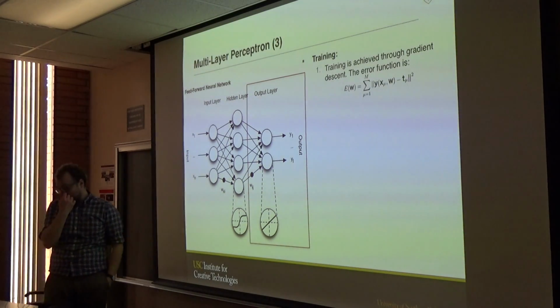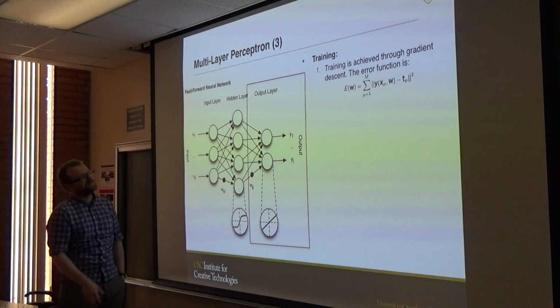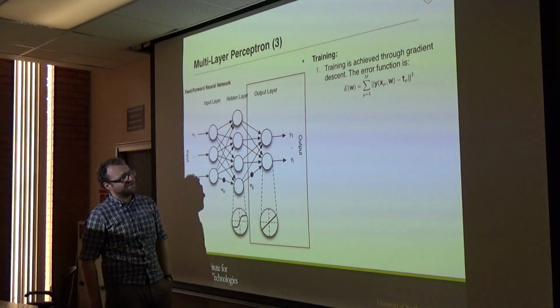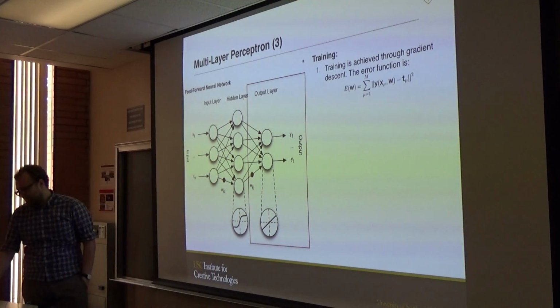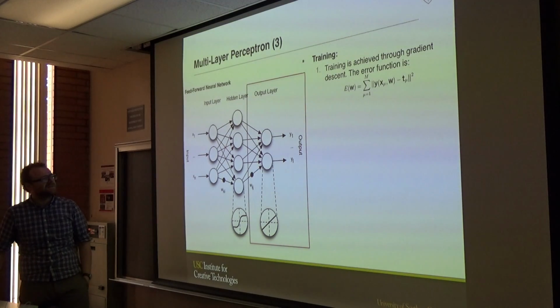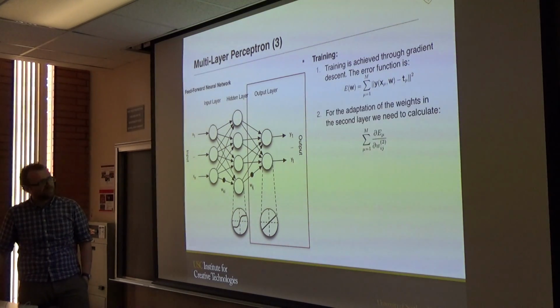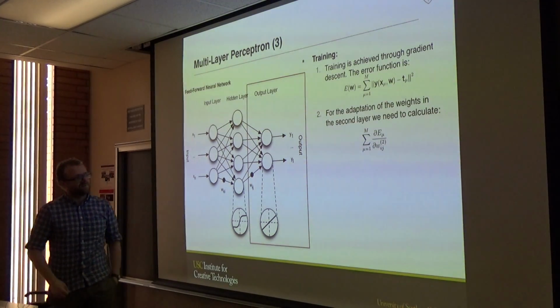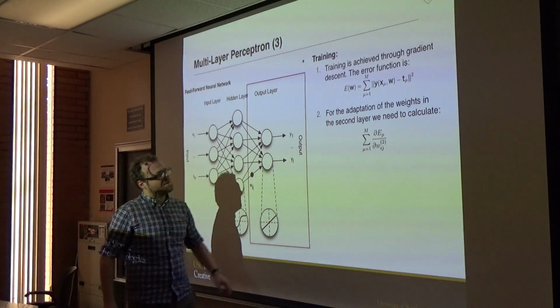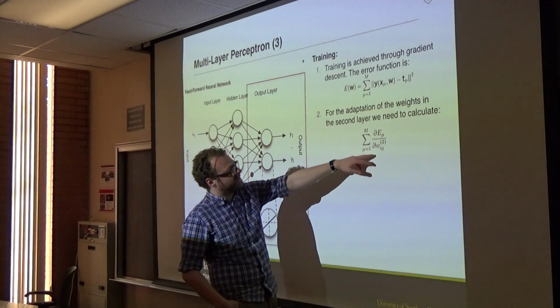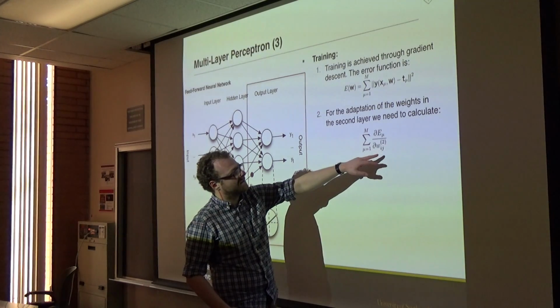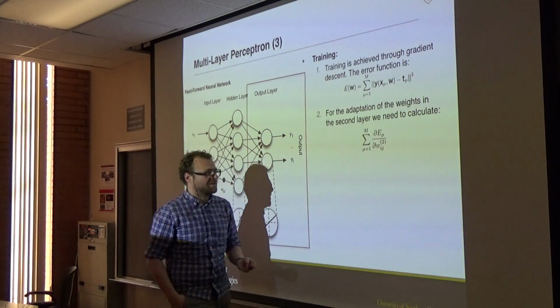So anyways, first we define our error function. In this case, again, it is the Euclidean distance between the target and the output of the network. And what we need to do is the partial derivatives for each weight separately.